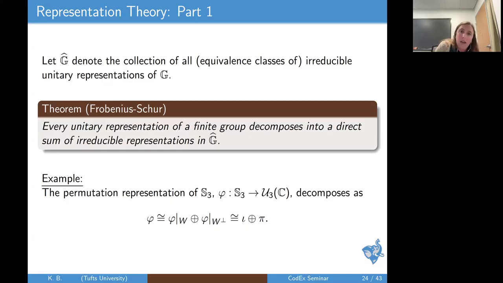And Frobenius and Schur tell us that for finite groups, every unitary representation of a finite group will decompose into a direct sum of irreducible representations.